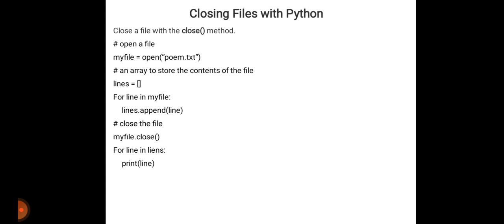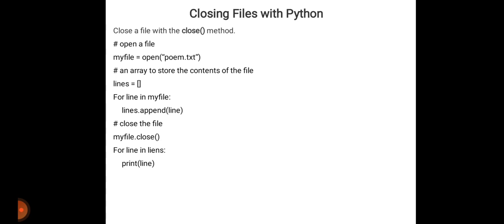First of all, open the file: my file is open of poem.txt. Then create an array to store the contents of the file, that is, the lines. Then for line in my file, lines.append(line).